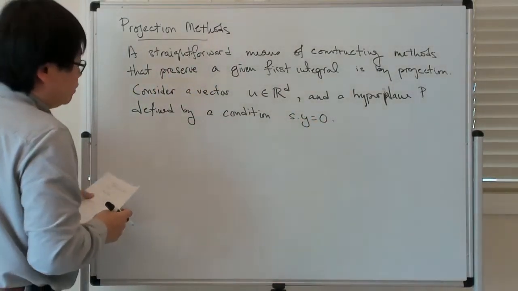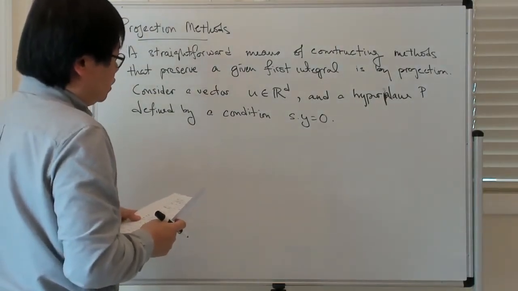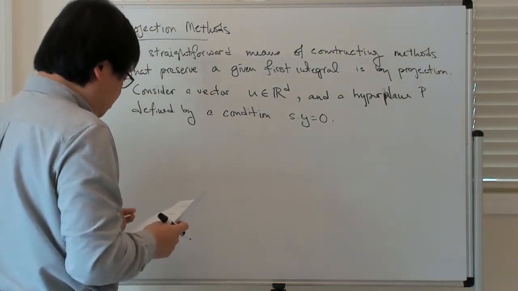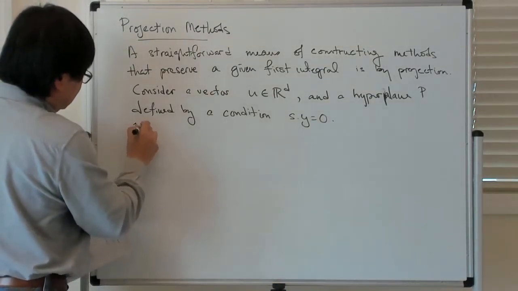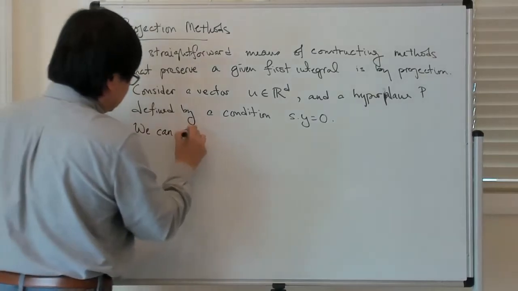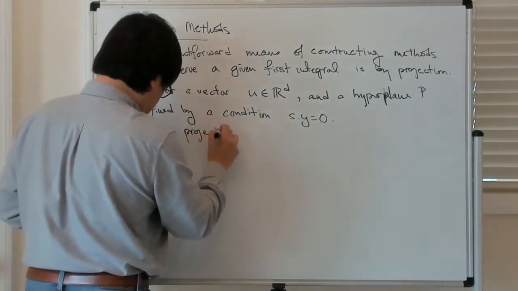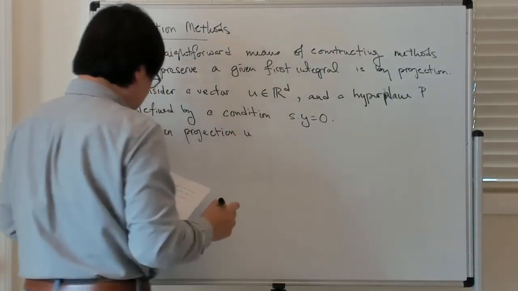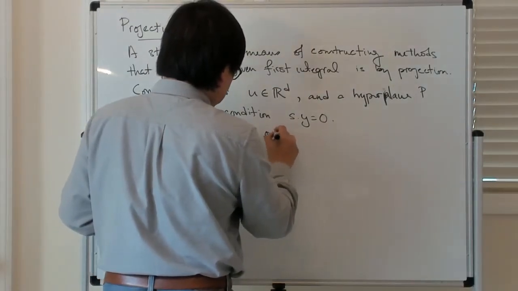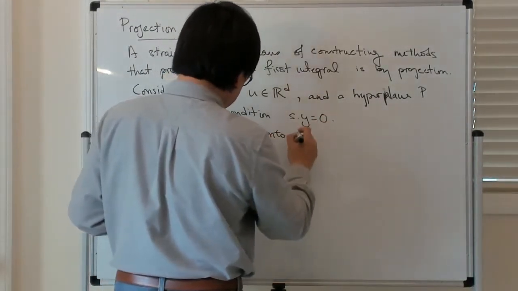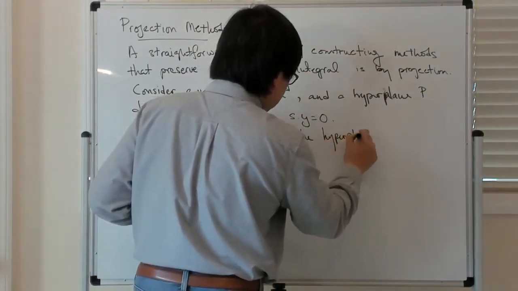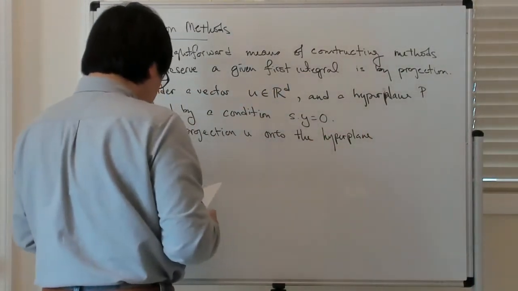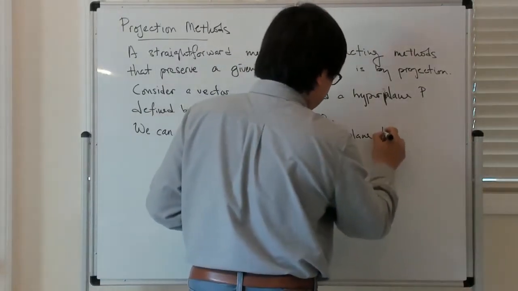So how might you go about defining a projection method? Given this, we can project u onto such a hyperplane by introducing a Lagrange multiplier.